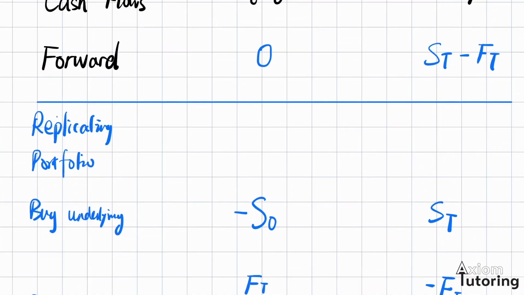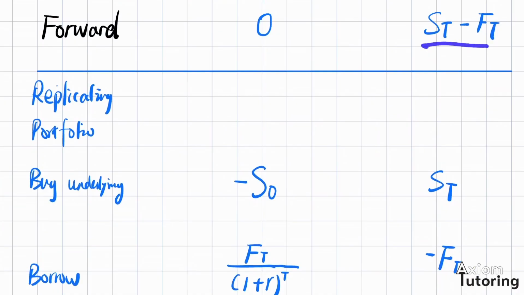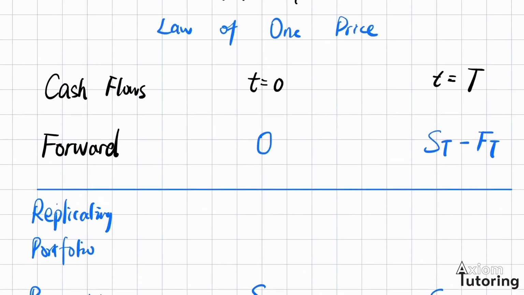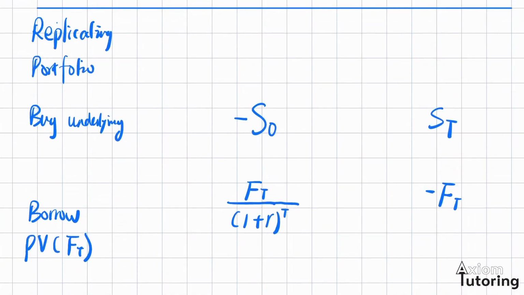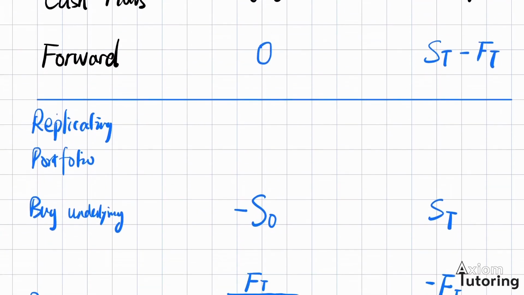Now we have done the replicating. The payoff is the same, and we're assuming the risks involved are also the same. If the forward here is risk-free, then we're going to borrow at the risk-free rate, and both are risk-free as well. So all these cash flows are identical.